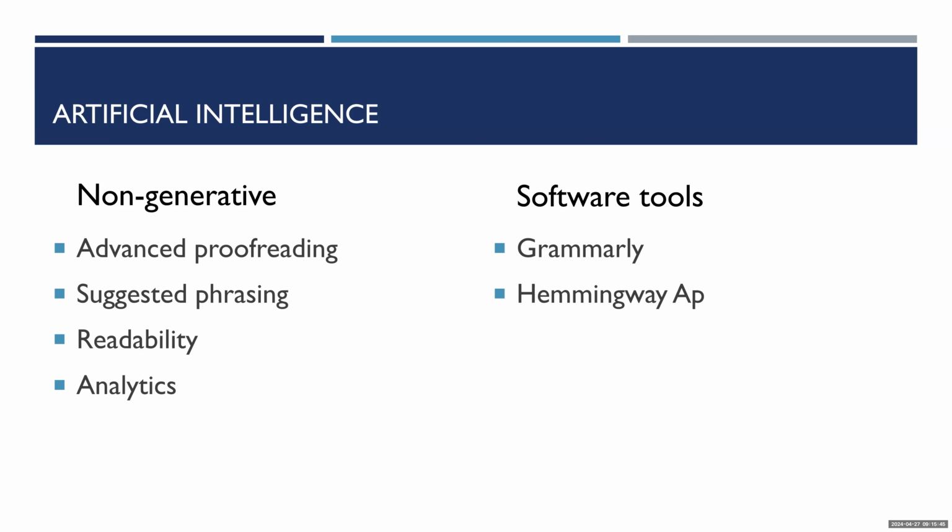This does make it very convenient. It's also important to note that for the full functionality of these software tools, they often require a paid license or subscription, and that Grammarly actually can have a generative AI for a fee as well. So as you look at various software tools that can assist with non-generative AI proofreading, there is limited functionality in free tools that are available to you, but there are other tools that are available for a fee.